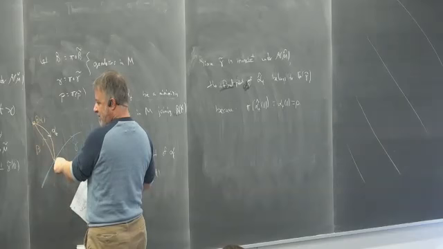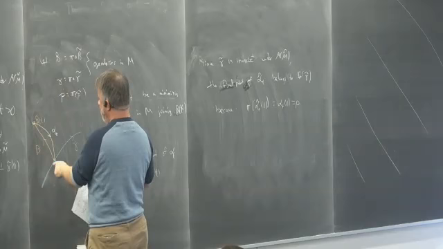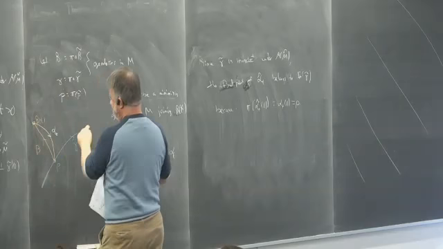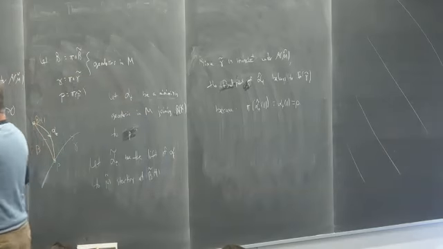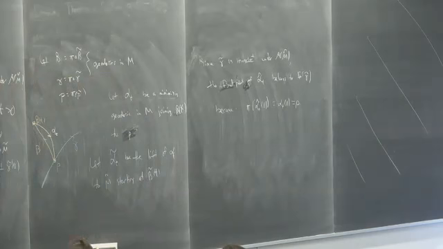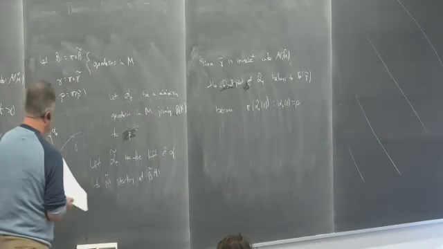It permutes the sheets above P; the inverse image of P gets permuted around. Because the group of deck transformations preserves gamma tilde, wherever this point goes, it has to end on gamma tilde.